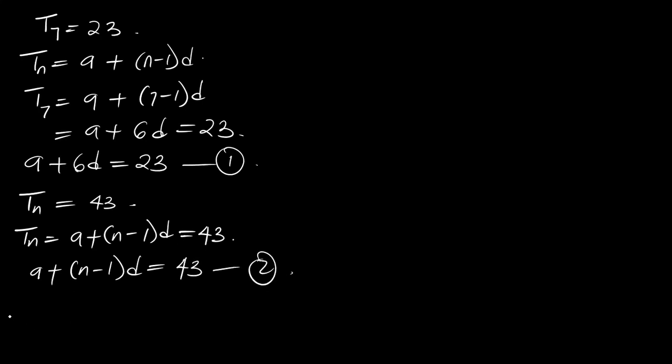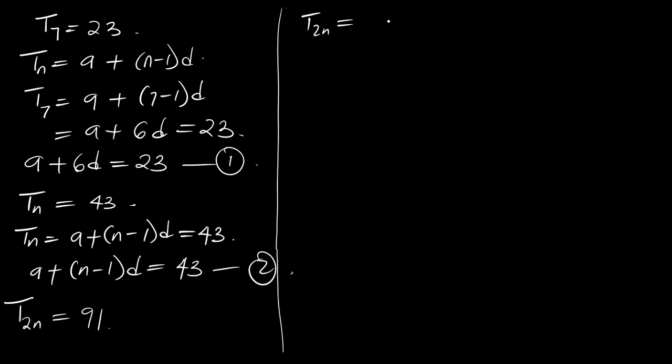Now they were also given that the 2nth term is equal to 91. So it now implies that, using the general rule, the 2nth term is equal to A plus bracket open 2n minus 1 times D, and they said this is equal to 91.